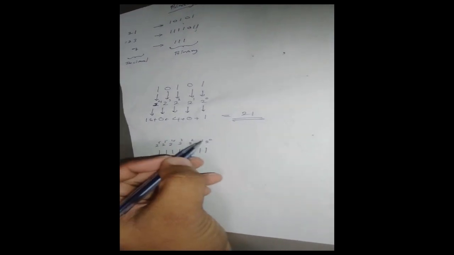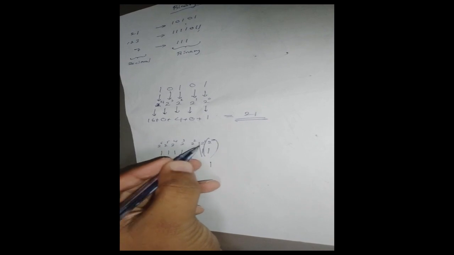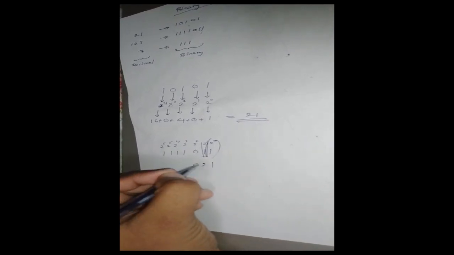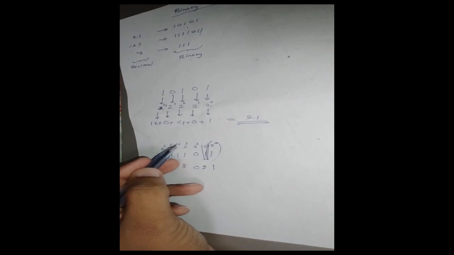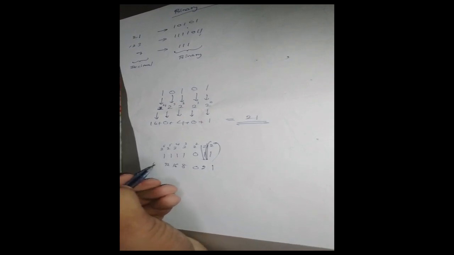Okay, so here you get number 1. For this you get number 2, this is 0. 2 to the power of 3 is 8, 8 into 1 is 8, this is 16, 16 into 1 is 16, 32, and this is 64.